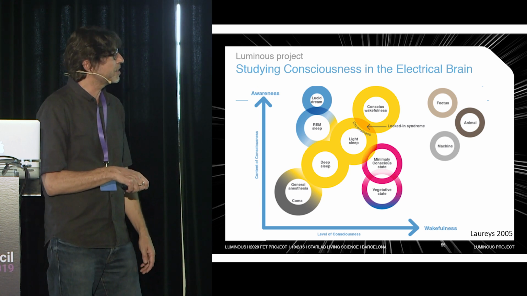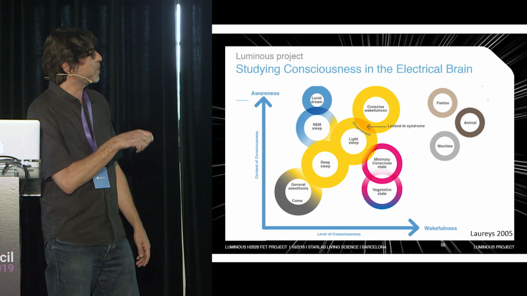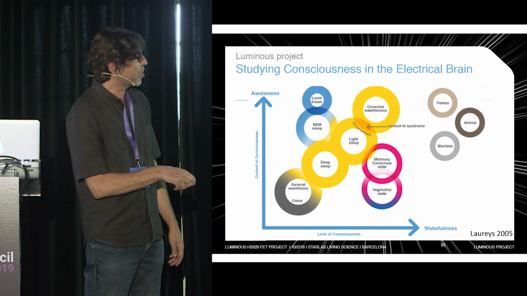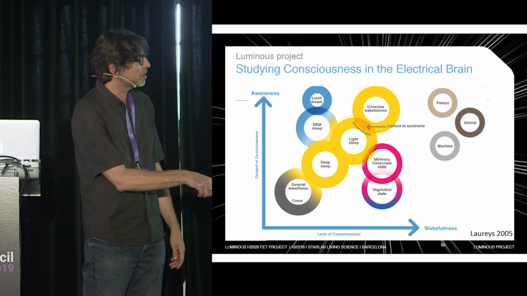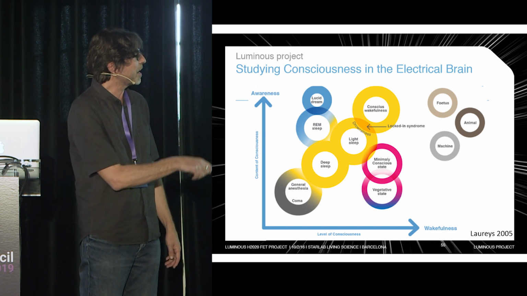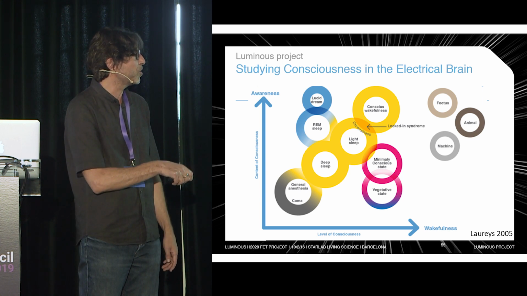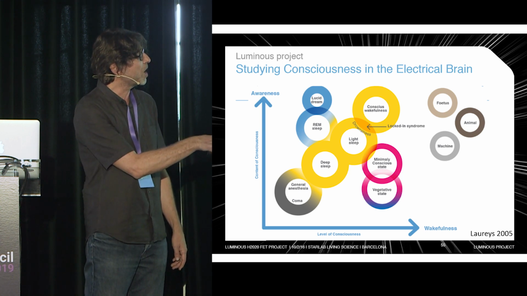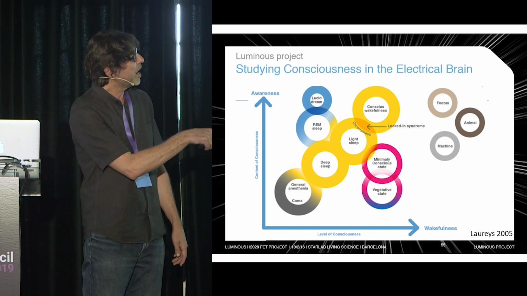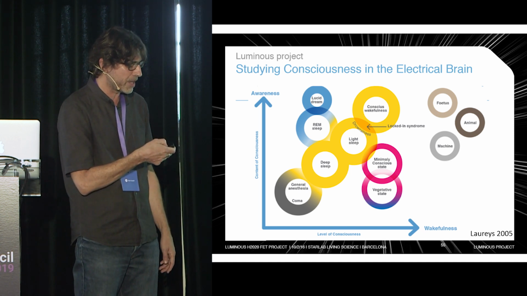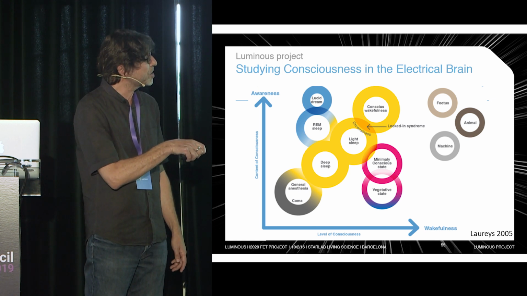You have here different states of consciousness displayed in a plot that is used in neurology. These 2 dimensions are wakefulness and awareness. You have states of coma, where you don't have wakefulness and you don't have any awareness, and you have conscious wakefulness here. And in between you have other states, like for instance different sleep stages here.